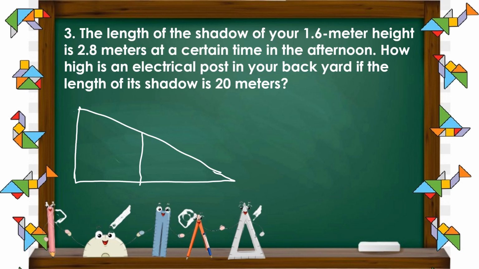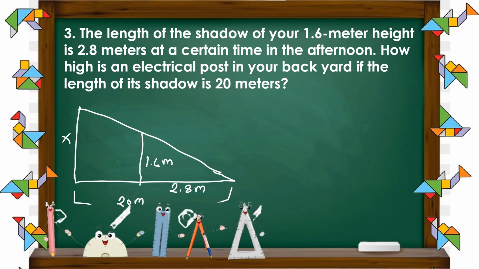So we have here a 1.6 meter casting a shadow of 2.8 meters. Then, how high is an electrical post? So this is the electrical post in the back if the length of its shadow is 20 meters. So from this part up to this part, the shadow is 20 meters.